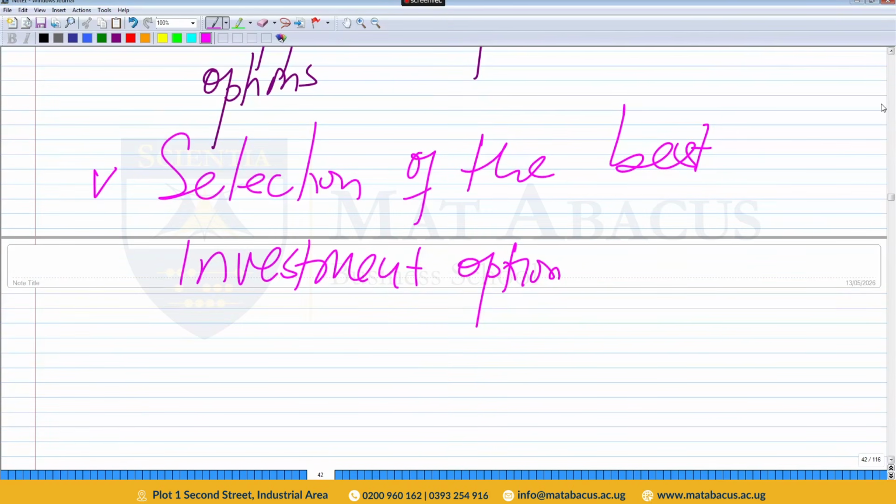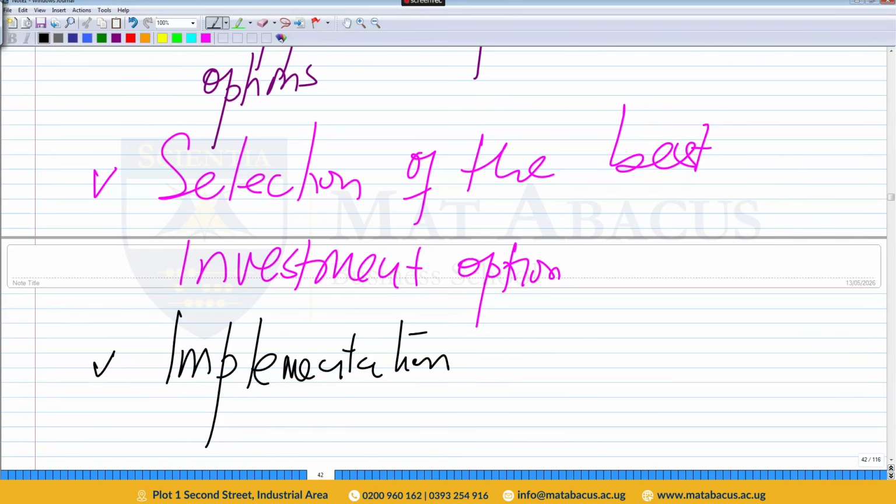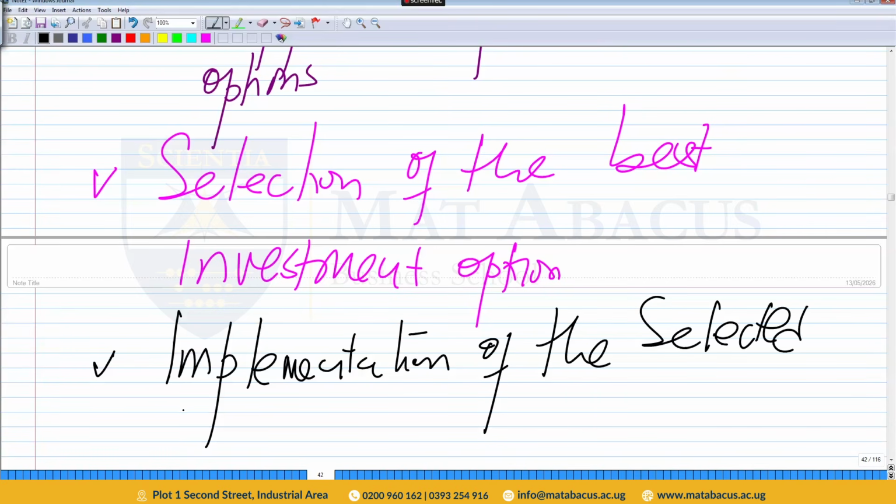Then you'll be able to make a decision. Once that decision has been taken, implementation begins. You need to carry out implementation of the selected investment option.